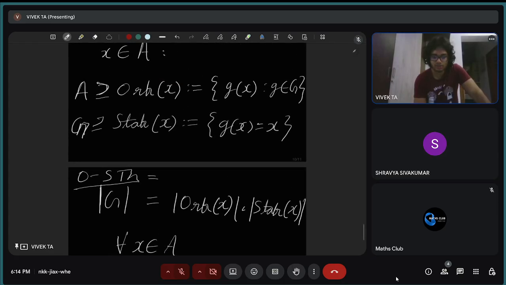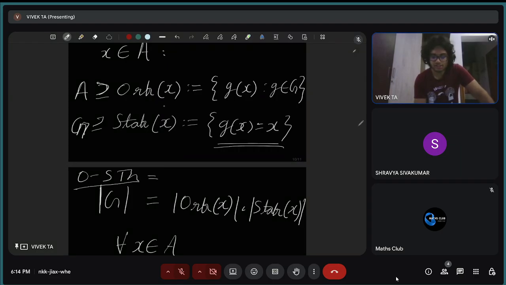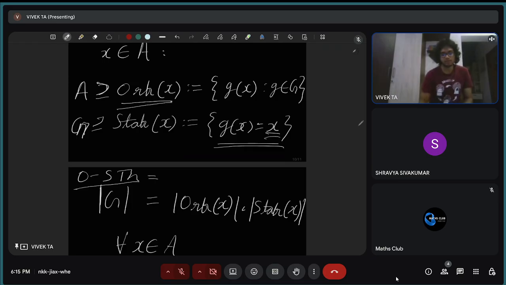Yeah, so the thing is as simple as, look at this part. The stabilizer is the set of all elements such that it fixes x, right? If you just look at the orbit, it is the set of all distinct elements you can have. There will be one element which will not be distinct, and that will be x.